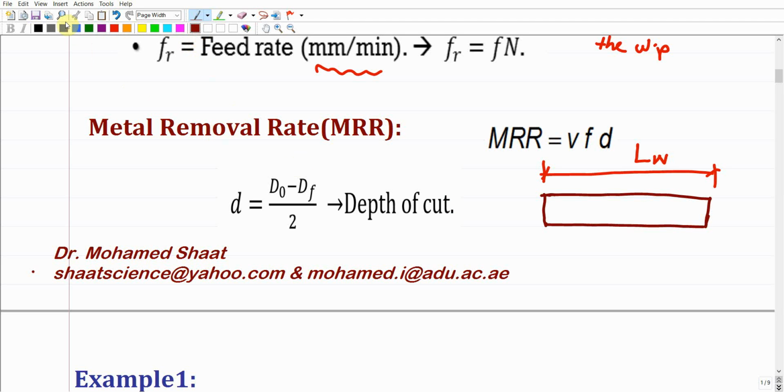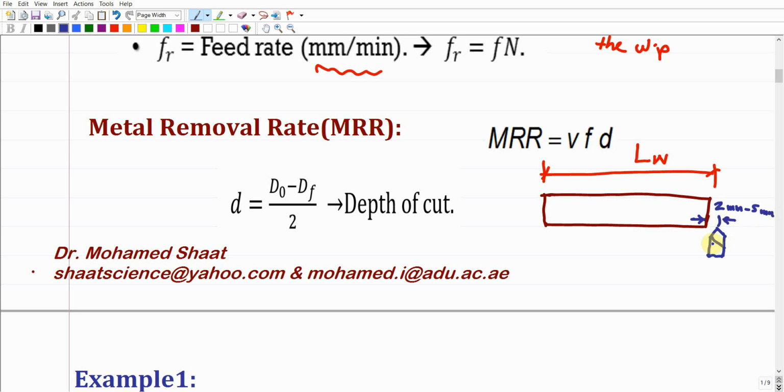So when we decide to do the turning operation, we are planning to turn the entire length. But the tool should start from a distance away from the start of the work part, let's say from 2 millimeters up to 5 millimeters away.